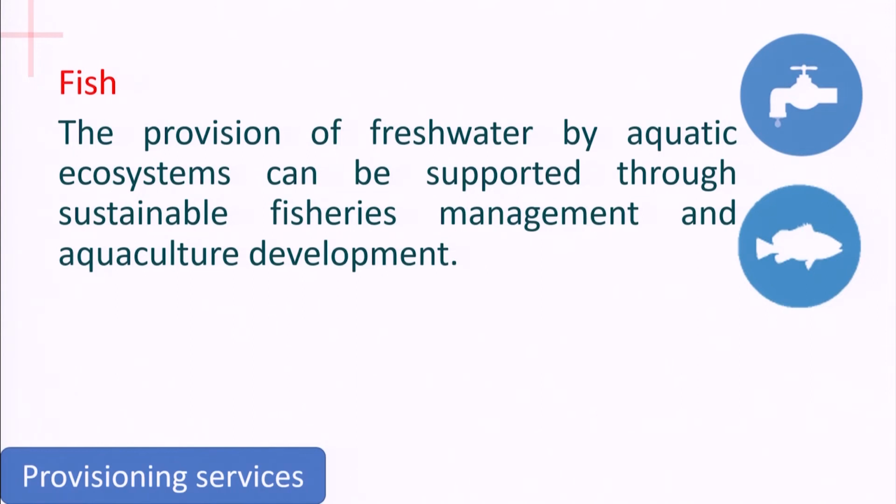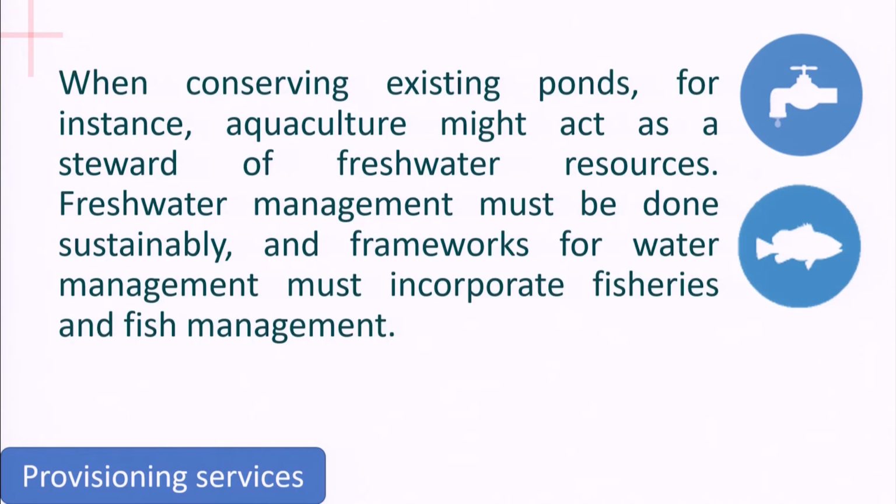The provision of fresh water by aquatic ecosystems can be supported through sustainable fisheries management and aquaculture development. When conserving existing ponds, for instance, aquaculture might act as a steward for freshwater resources. Freshwater management must be done sustainably, and frameworks for water management must incorporate fisheries and fish management.